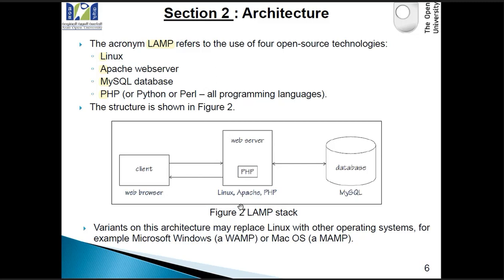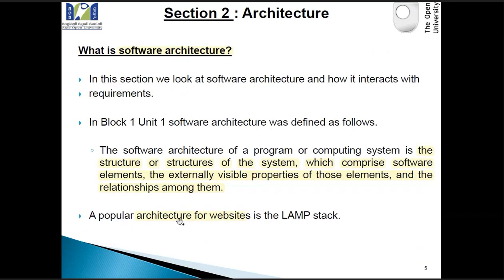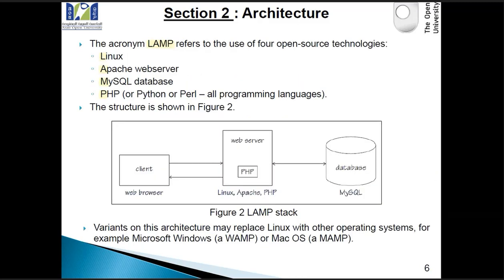What exactly is this? It tells you that when you are building a website, a popular architecture is the LAMP stack. If you reach the graduation project and you are building a website, you don't build things from scratch. There is a set of architectures that is already there, and you just reuse it, like this architecture called LAMP.